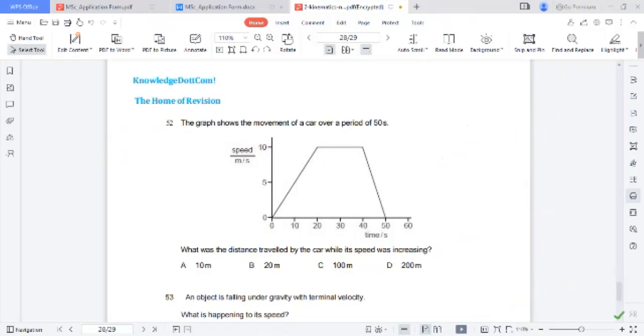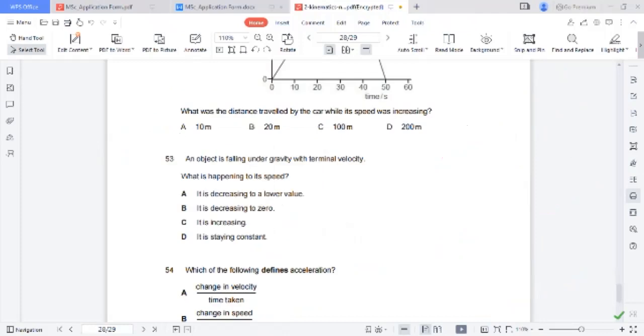Okay, let's move to the next one. It says an object is falling under the influence of gravity with terminal velocity. Terminal velocity is a constant velocity, you are well aware of. What is happening to its speed? Let's look at the options.